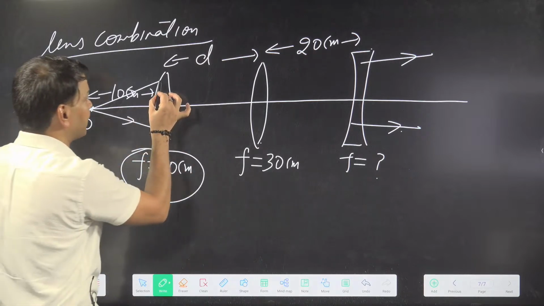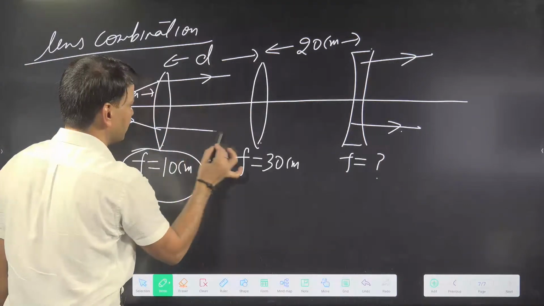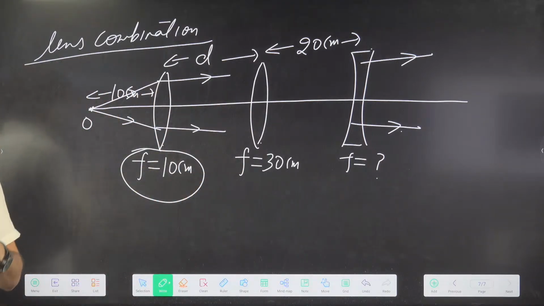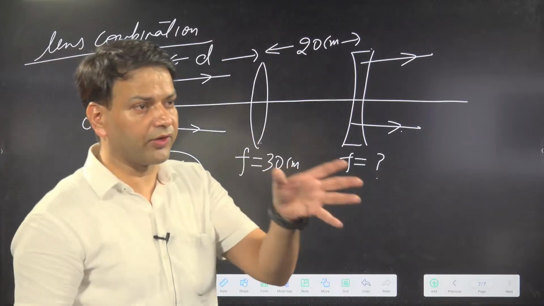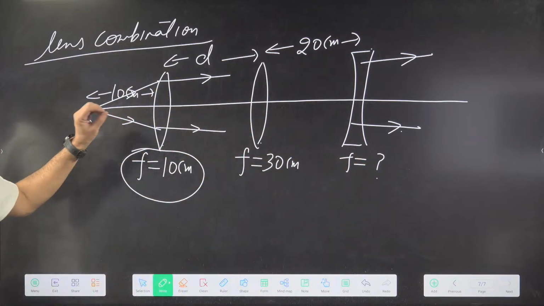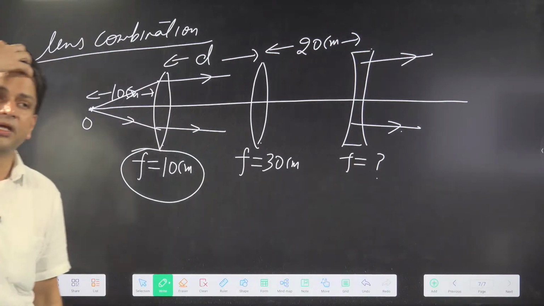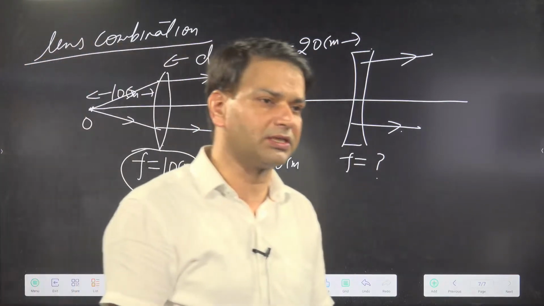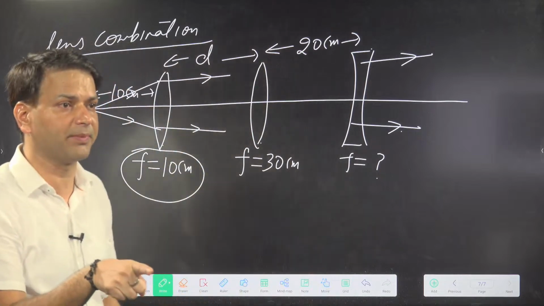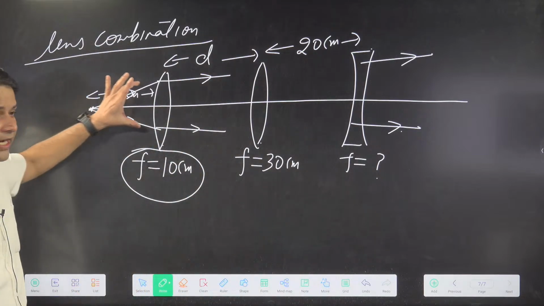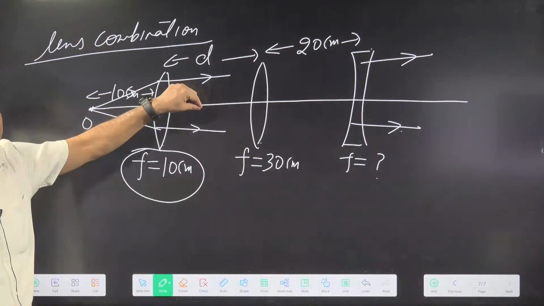After refraction, it becomes parallel. You have to remember this. And if a parallel beam of light falls on a lens, it will converge at focus.